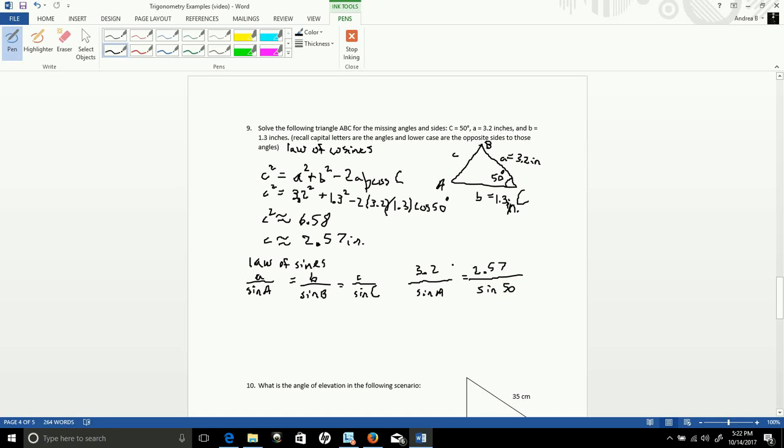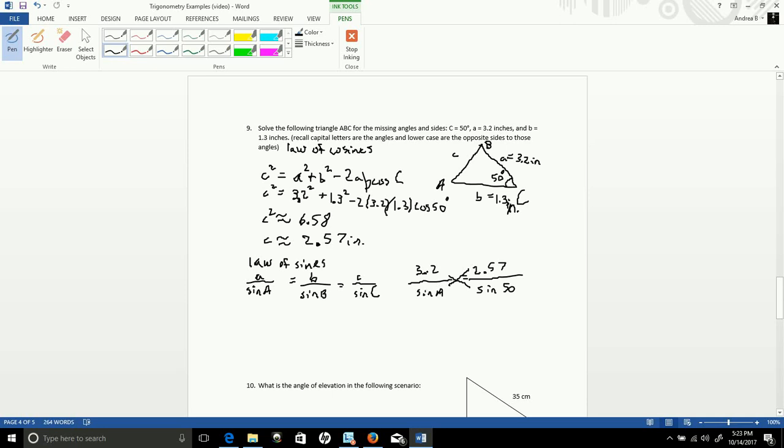And then, like before, we'd want to go through and cross multiply next. So here we'd multiply those two and multiply those two. Here it'll be once again a little bit trickier because we're solving for an angle rather than a side.